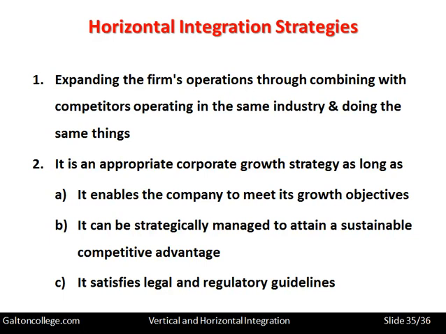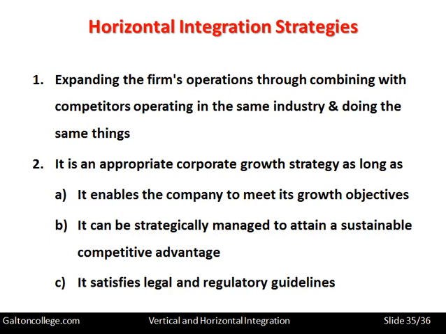So what we've got in this session is two types of integration, vertical and horizontal. The vertical is subdivided between forwards towards the market, that's vertically forwards, where the company now opens outlets itself, or moves forward towards the customer in some way, opens an organization that's closer to the customer.